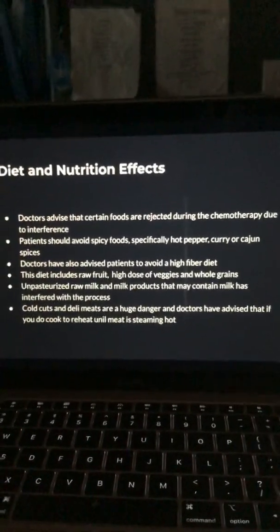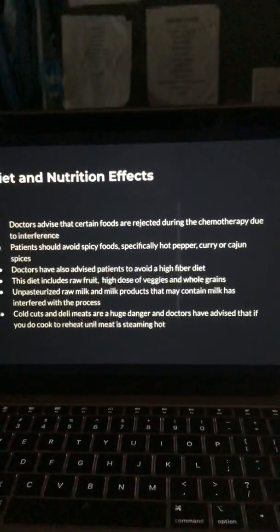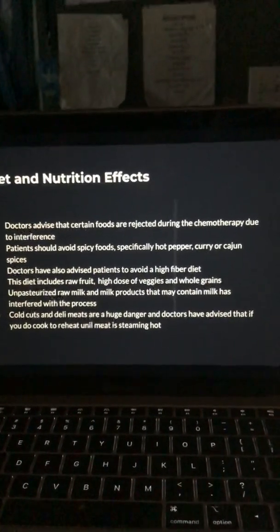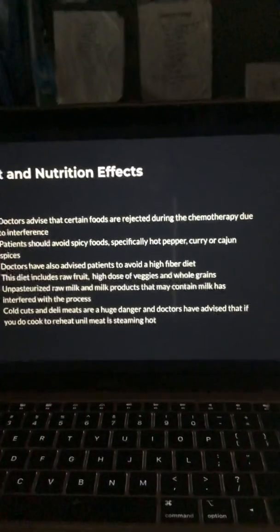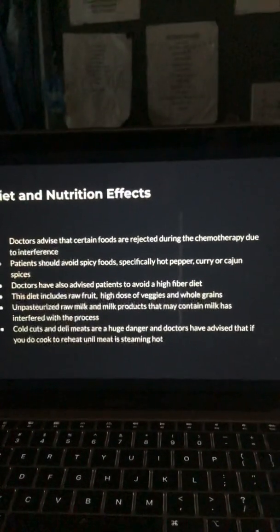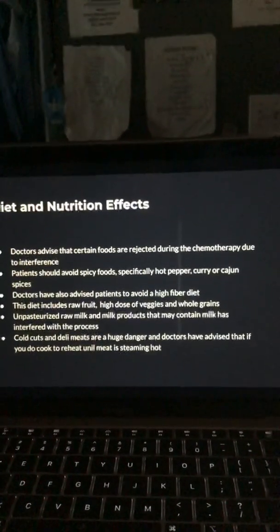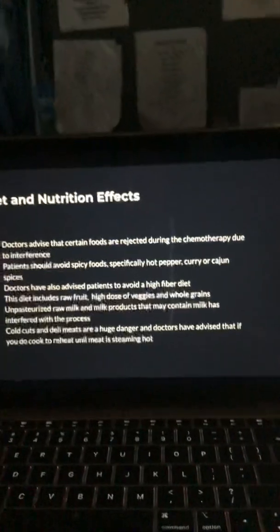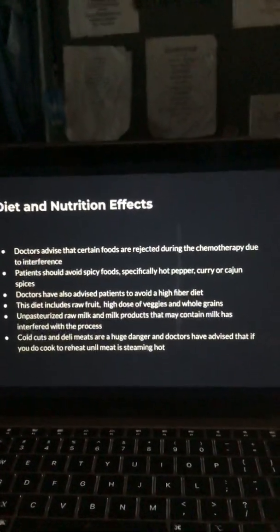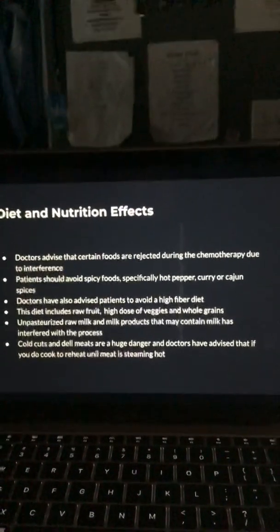The children have also had significant attention deficits and neurocognitive impairments. Diet and nutrition effects are also a big part of the chemotherapy process. Doctors advise that certain foods are rejected during this chemotherapy process because of interference. Patients should avoid spicy foods, specifically hot pepper, curry, or Cajun spices. Doctors have also advised patients to avoid a high fiber diet.